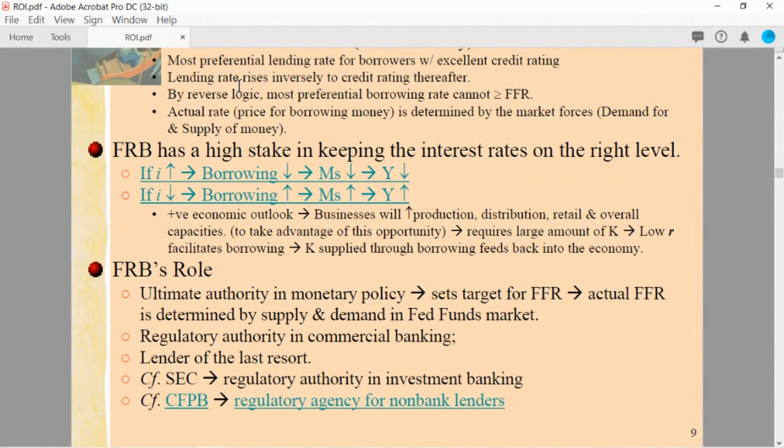You might wonder, if they are holding these bonds and falling short of cash, why don't they sell those bonds in the market?